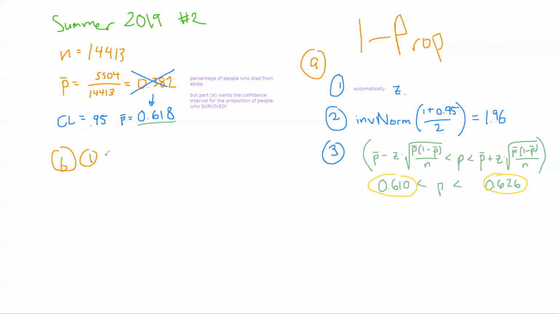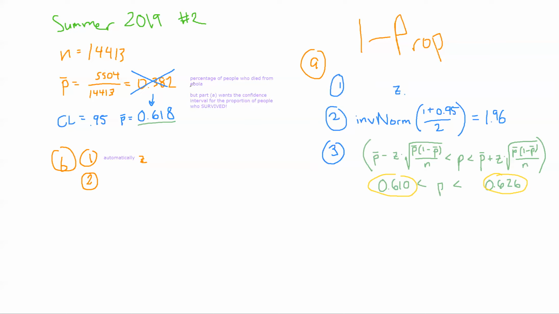Step 1 says it's automatically Z, still automatically Z. In fact, I'm just going to drag him over here. Still automatically Z. Step 2 says you need to get the Z value. The way we do that depends on whether the test is left-tailed, right-tailed, or two-tailed. So we have to actually first ask ourselves, what are the hypotheses for this test?